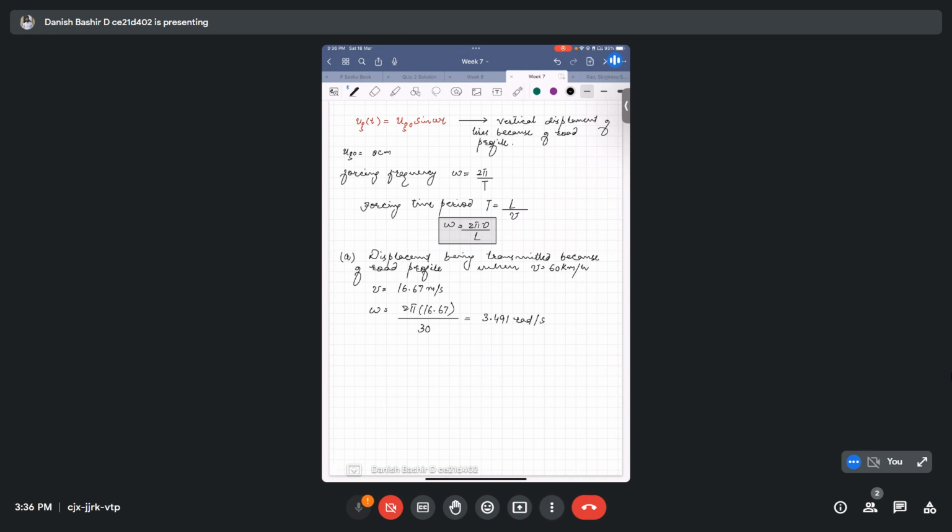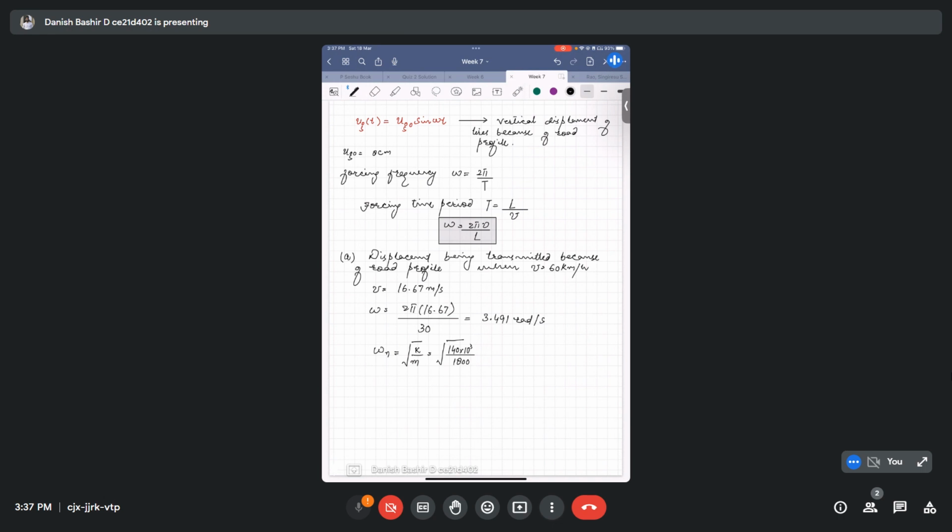Our natural frequency of the automobile we can calculate as root k by m, because its stiffness was already mentioned in the question. It has a stiffness of 140 into 10 power 3 and a mass of 1800 kg.